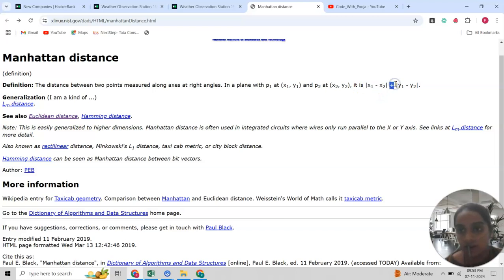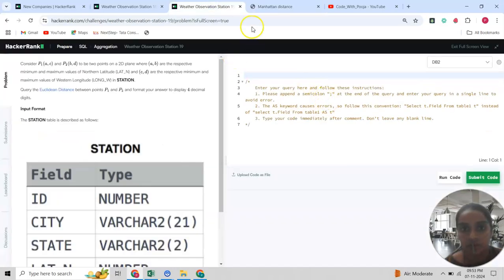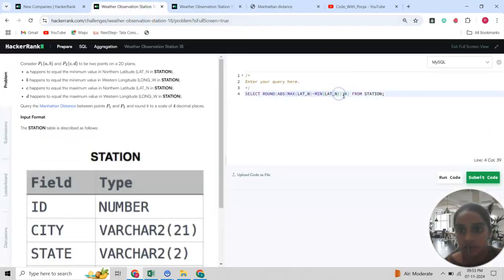Now add, and then again ABS, the absolute value of longitude, max of longitude minus min of longitude. Sorry for the background noise. Okay, so what the condition is, I will write it here.